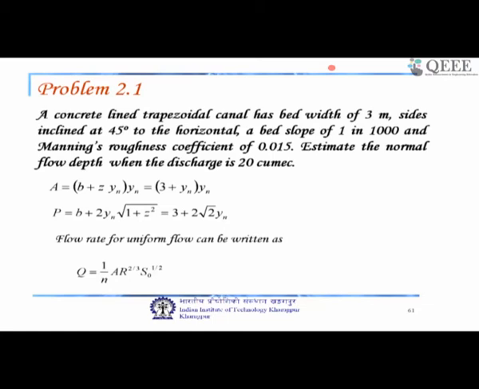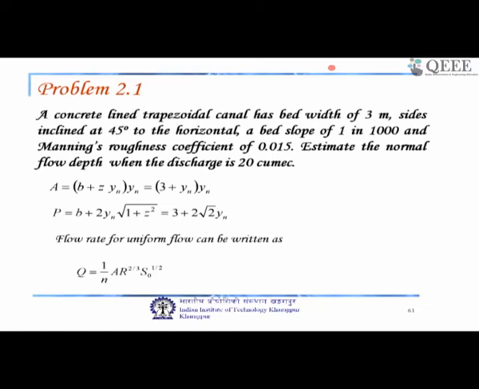So, (3 plus y) into y. The perimeter equals bed width plus 2 side slopes, so 2 into y n times square root of 1 plus z squared. So, 3 plus 2 square root of 2, because z equals 1 is to 1 slope.